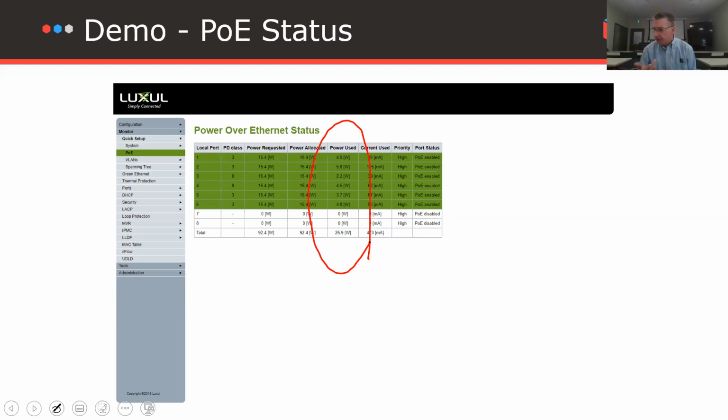If you look at numbers 2 and 6, number 2 is a decoder and number 6 is a decoder. They're using well below that 8.8 watts required. So sometimes the IT guys will look at this over a period of time to figure out just how much usage that device really needs and develop their power budget that way, so they're not having a whole bunch of wasted power or paying for power that they're never using.